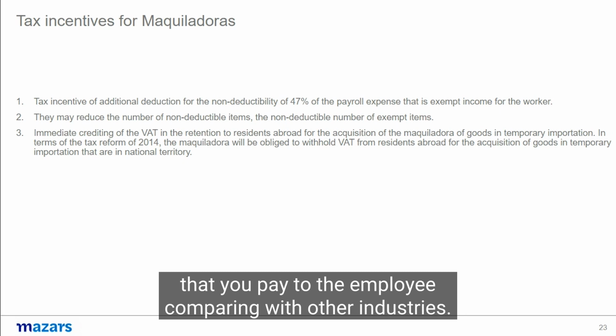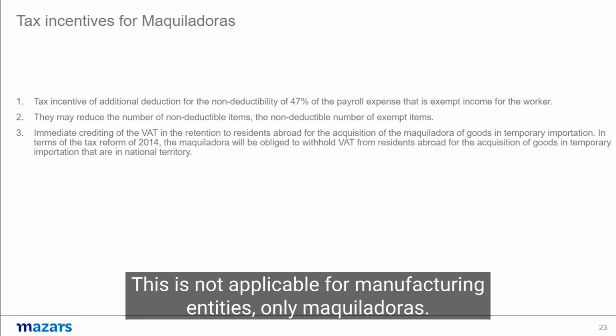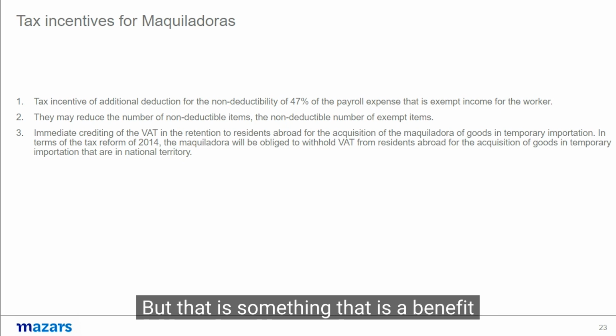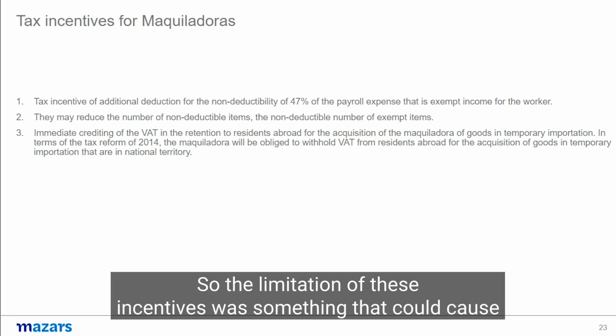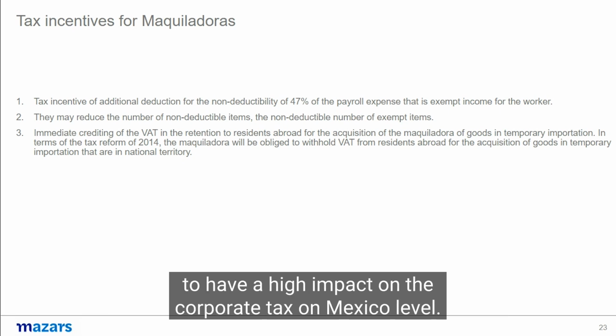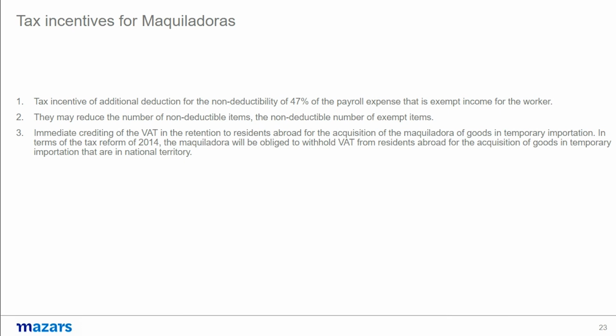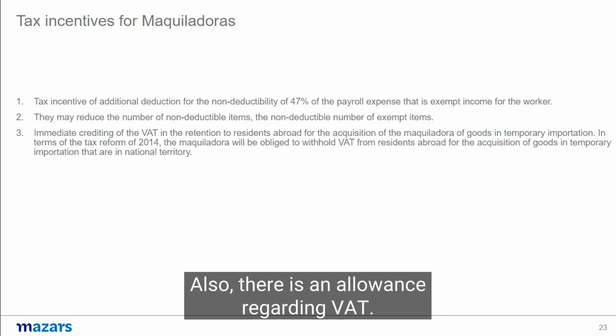Compared with other industries, this is not applicable to manufacturing entities, only maquiladoras. That is a benefit because maquiladoras have a big cost regarding workforce. Limiting this incentive could have a high impact on corporate tax at the Mexico level. Also, there is an allowance regarding VAT.